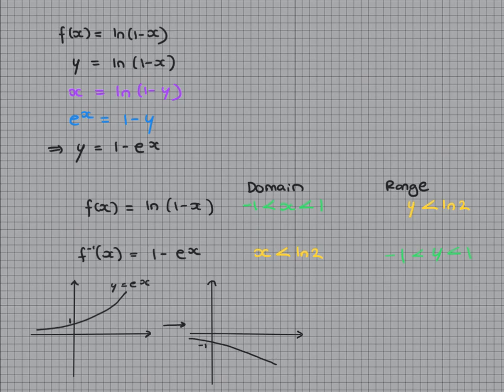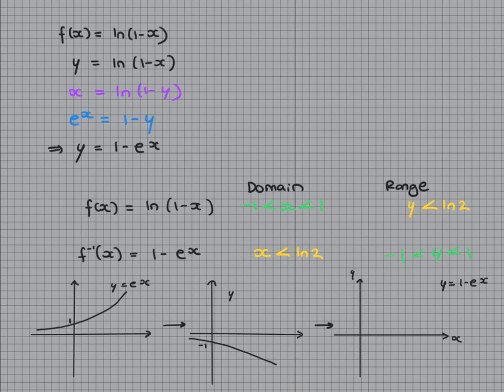And then, of course, you have to add 1 as well. So we translate this with a vector of (0, 1). So the final sketch will give us the graph of y equals 1 minus e to the x.